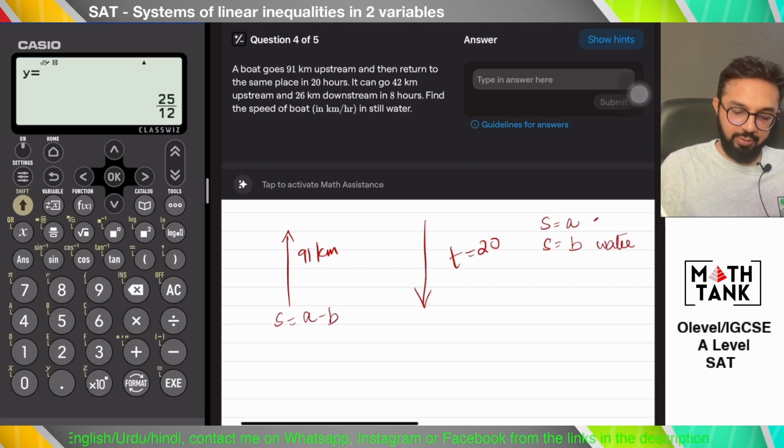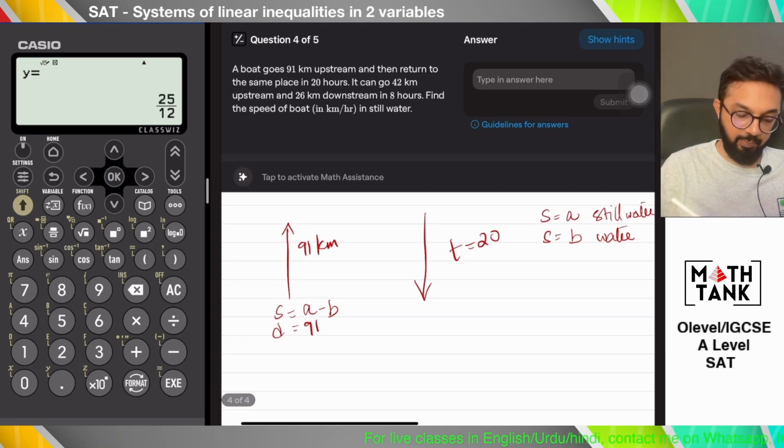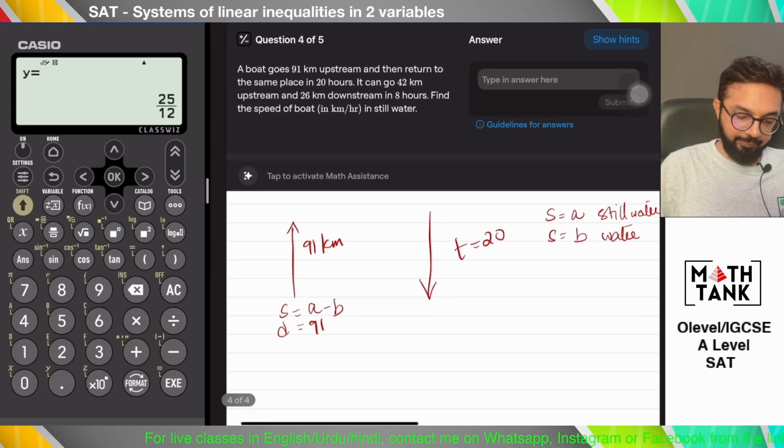Okay, still water. So your distance is 91. Okay, so it's a long question from there. Let's see if we're able to work this out.